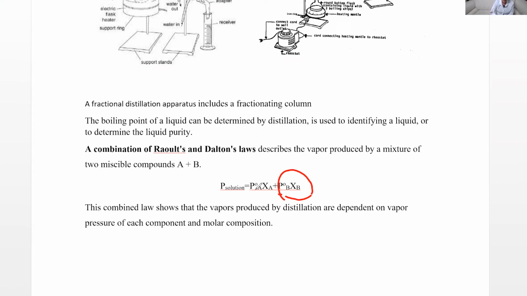At the beginning, you would get vapor that is rich in compound A. And as A leaves the boiling flask, it gets richer in B. So it depends on both the vapor pressure and the mole fraction of both.